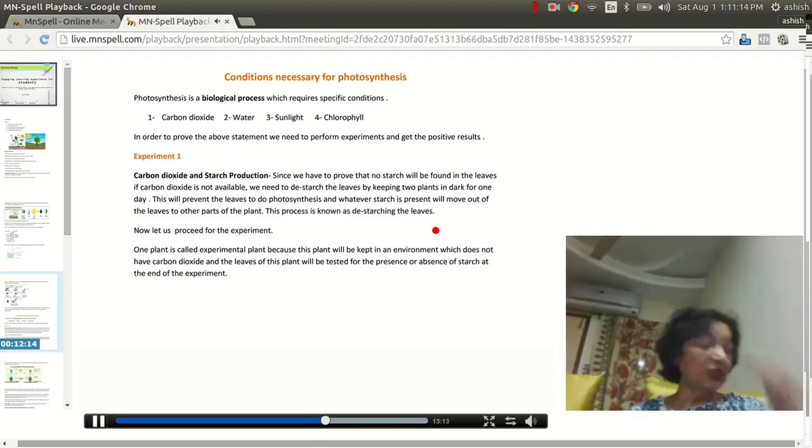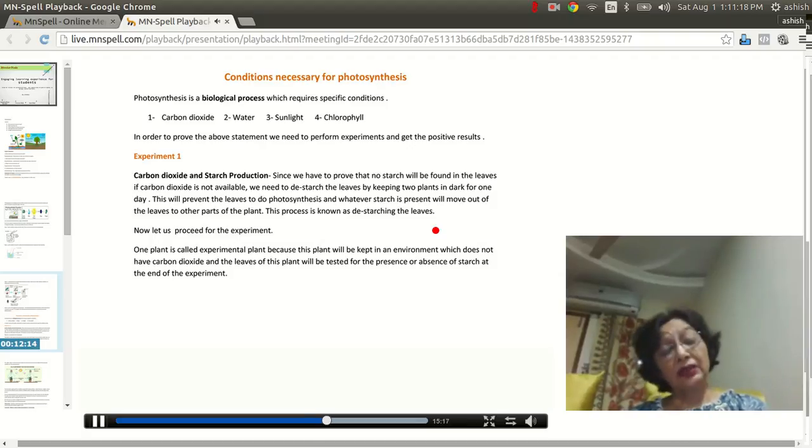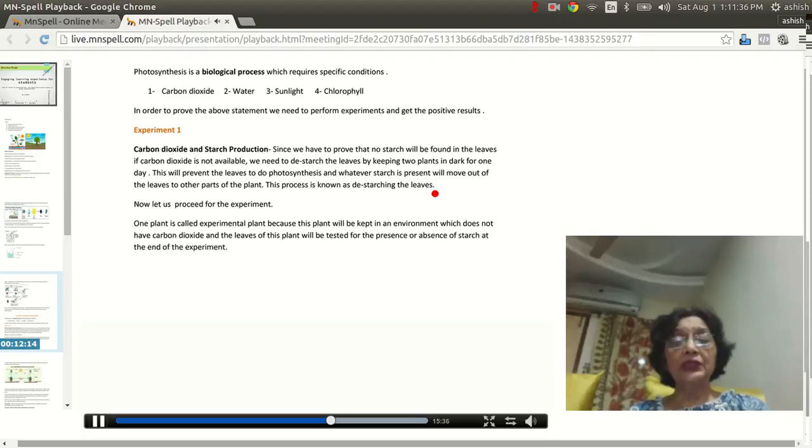During this process, when the plant is in the dark, whatever starch is present in the leaf moves out and goes into other parts of the plant. So the leaf becomes free from starch. So we have taken 2 such pots where the leaf is starch free. Now let's proceed further with the experiment.